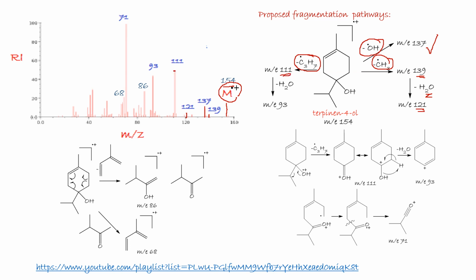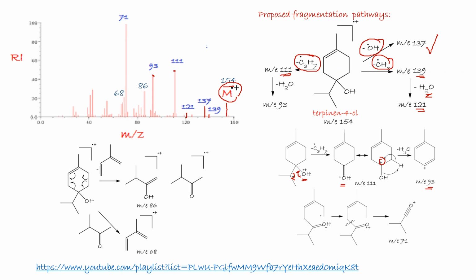Okay, so if we get the cation radical on the oxygen, then ejection of isopropyl, we get 111. A resonance with this form, then loss of water will give a peak at 93. Again, very intense.